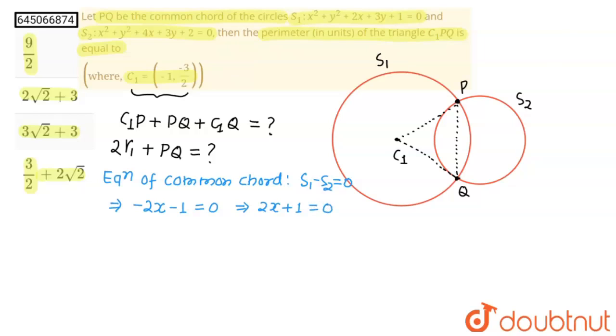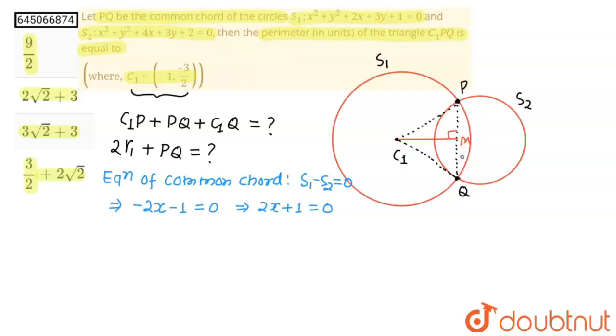Okay students, now we have to find the distance of this C1, this distance, suppose this is M. When we find C1M, we know the radius, so from the Pythagoras theorem we can find PM easily, and 2 times PM will be the PQ length.